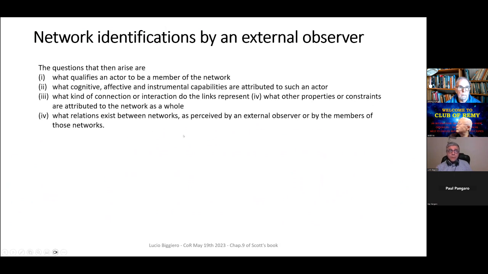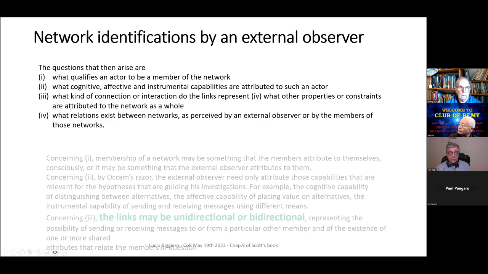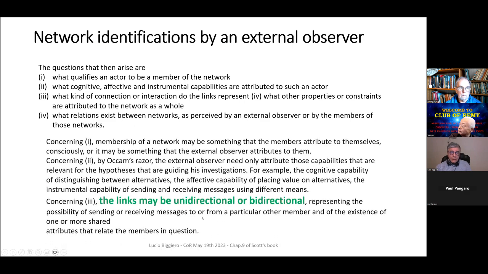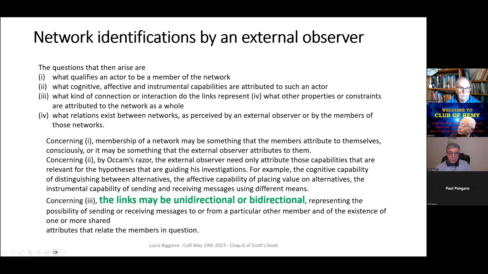Then Bernard proceeds looking for network identifications by an external observer, and discusses four points. I think it took five points. Just notice here that in the third condition, he says the links may be unidirectional or bidirectional.